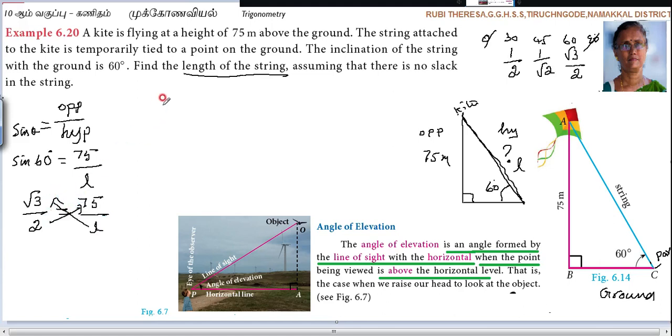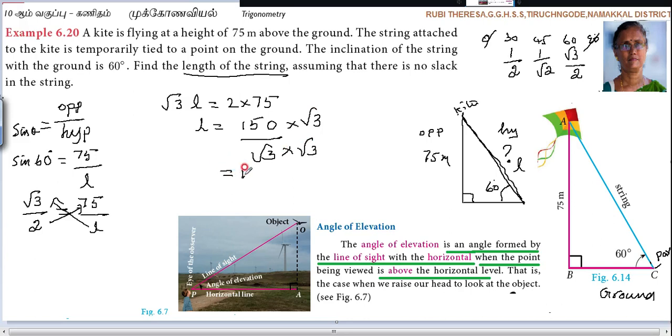What you will get is root 3 L equals 2 into 75. So L equals 150 divided by root 3.